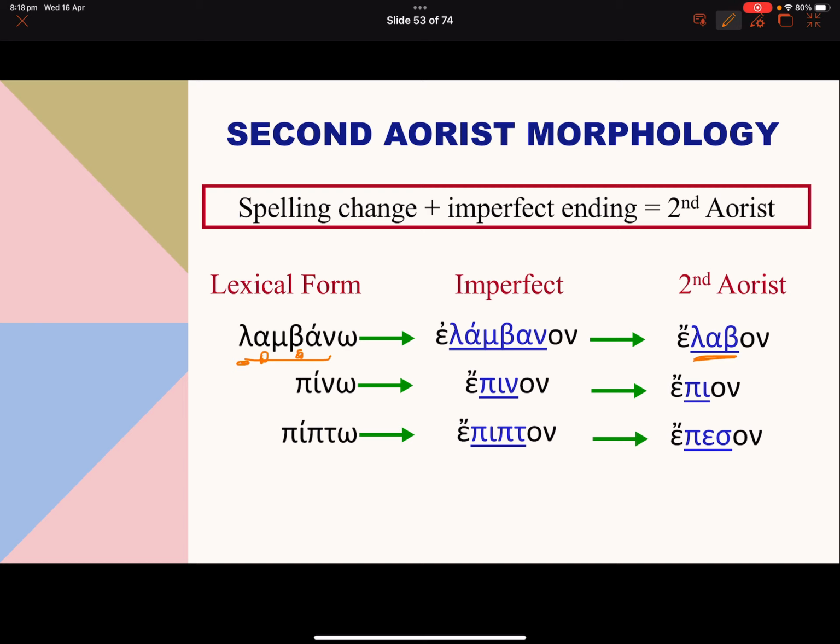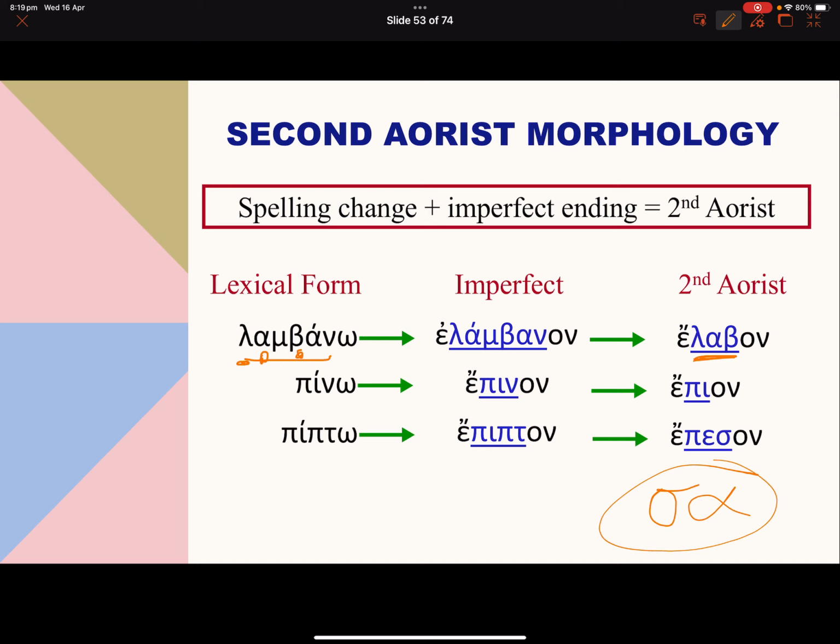But because of this change in the stem, because of this change in the way that this word moves into the aorist, for some reason, because of that change, the Greeks didn't feel that it was necessary anymore to supply that sigma alpha.